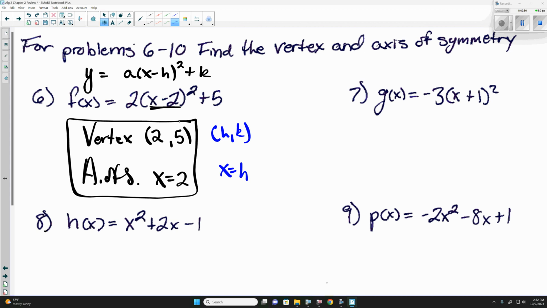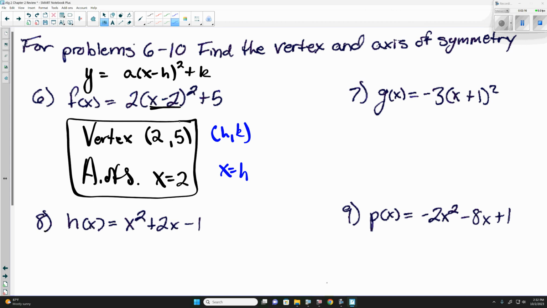We do need a way to distinguish between those 2. Here, it's neither here nor there because we only have 1 equation. So it should be pretty simple, but I do want you to put A of S because it is shortened already because you're not having to write out axis of symmetry for each one. So at least give me A of S or directrix to signify which one it is.